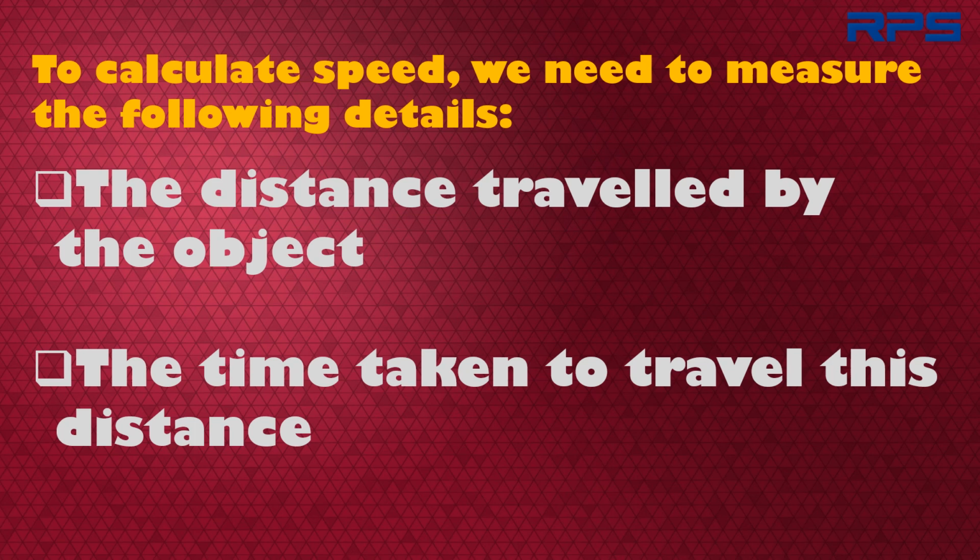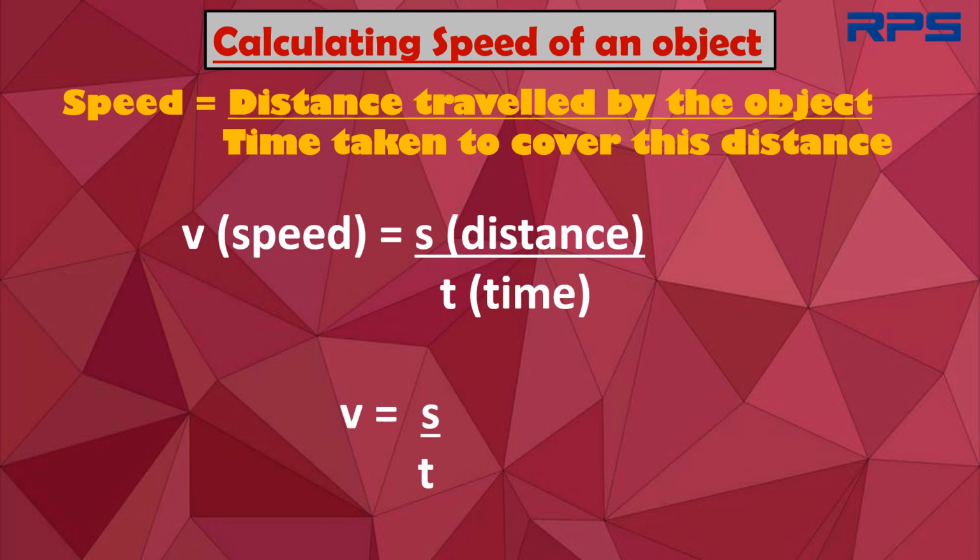The formula for calculating speed of an object is as shown. Speed equals distance traveled by an object divided by time taken to cover this distance. Symbolically, it can be represented as shown here, where V stands for speed, S for distance, and T for time.